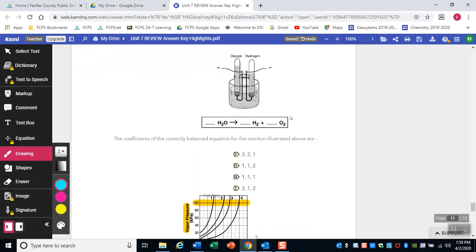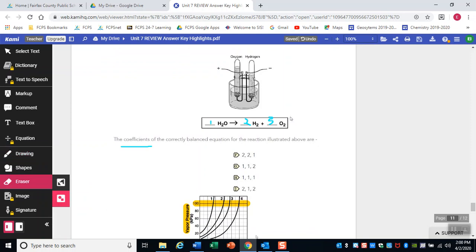All right, so this one, again we're talking about the coefficients, which would be the numbers in front here, right? If I put numbers in front, those are coefficients. But I can't just put random things, they've got to be balanced. So let's go ahead and do this one.